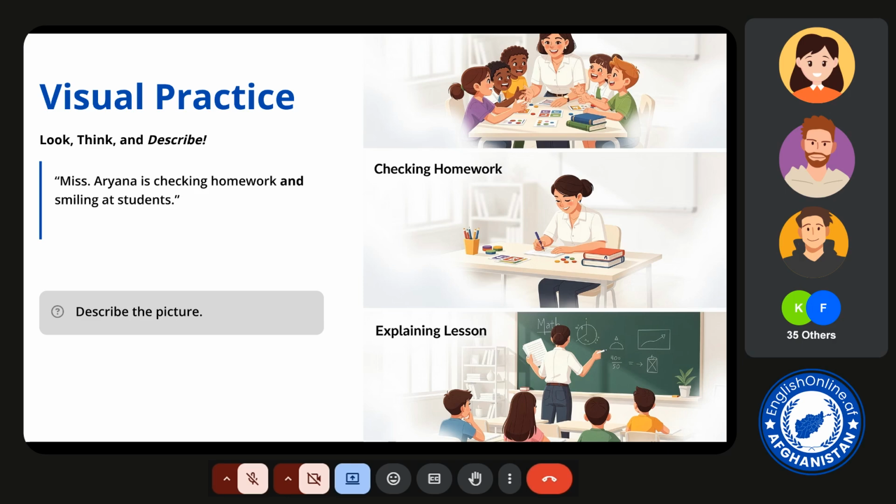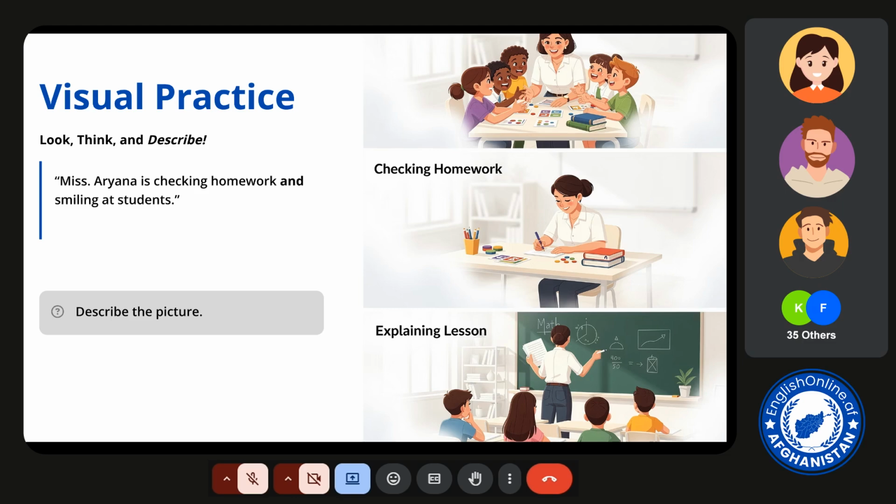The next picture, Miss Aryana is checking homework and smiling at the students, and it can be seen that on the teacher's desk there are two large books, one red and the other blue. And there are also colorful items.